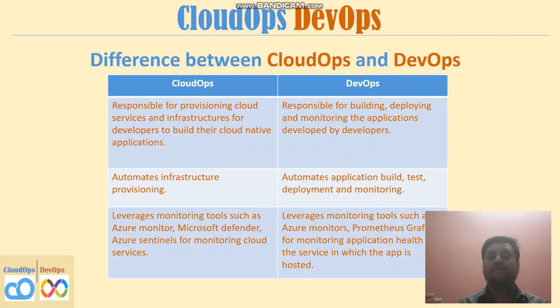Microsoft Defender provides something called a security score, which shows how secure our applications are. The more we improve our security score, the more secure our application gets against various types of cyber attacks. So the CloudOps team leverages monitoring tools such as Azure Monitor, Microsoft Defender, and Azure Sentinel, whereas the DevOps team leverages monitoring tools such as Azure Monitor, Prometheus, and Grafana for monitoring application health and the services in which the apps are hosted. So that is the difference.